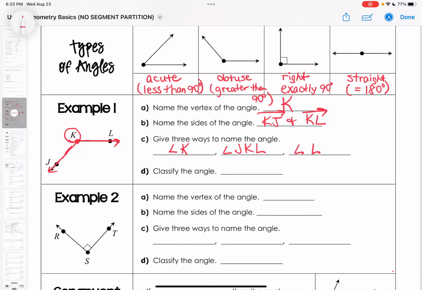Angle LKJ. Then this angle, if you look at these four types up above, acute, obtuse, right, or straight. This one is obtuse. That's greater than 90 degrees, which would be 90 is about there. So you can see it is bigger than that.